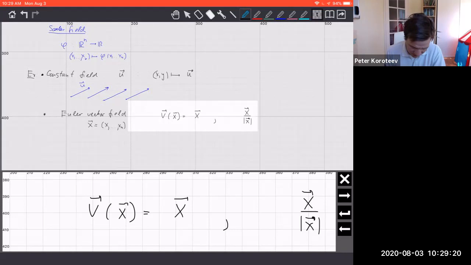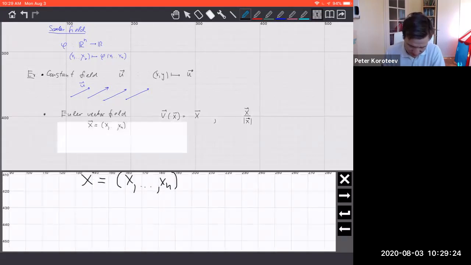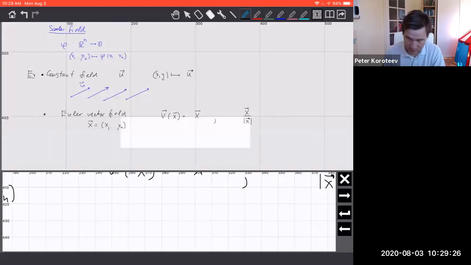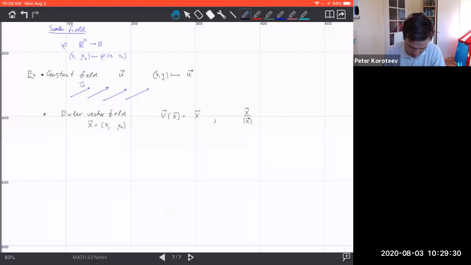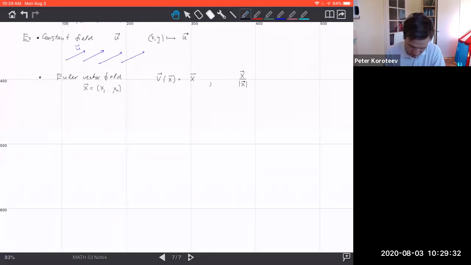It could be easier to look at a two-dimensional example, right? So say x is a two-vector, or three-vector. Let's try to draw it in three dimensions, both of them.